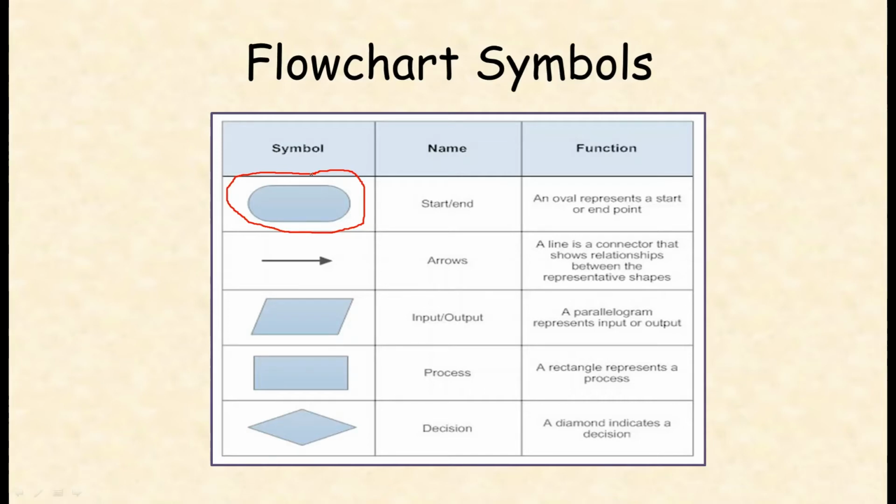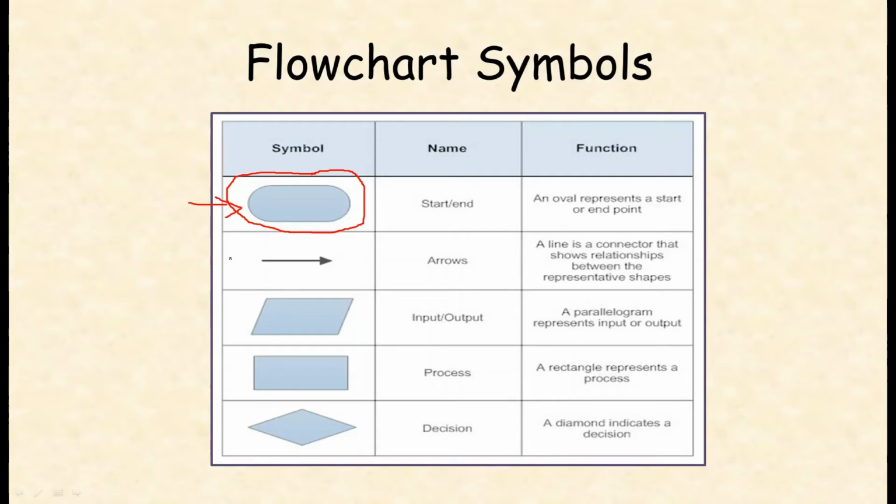That means any flowchart needs to start, we use this symbol. If any flowchart needs to stop, we are going to use this symbol. So this symbol is for start and stop. Okay, that's the oval. I'll show you how to draw this in the Google Docs or Google Drawings.